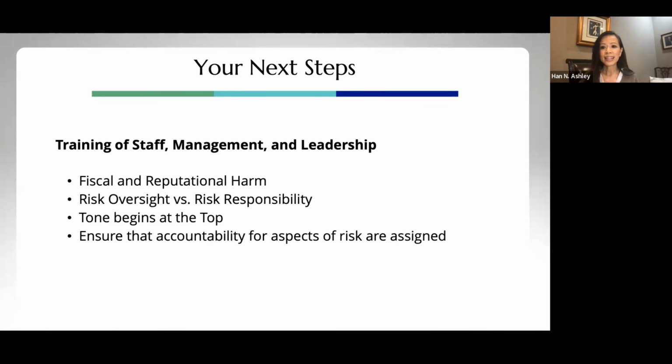And we feel that everybody needs to be a part of this, and tone begins from the top. We like to also look at your compliance committee notes and risk and quality management committee notes to make sure that all aspects of risk are assigned and somebody is accountable.